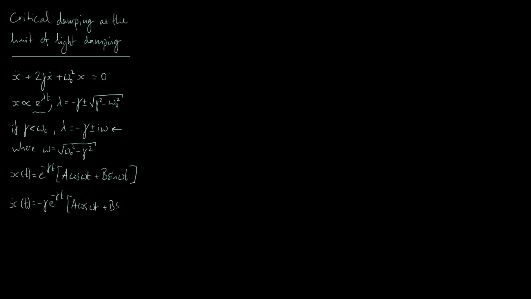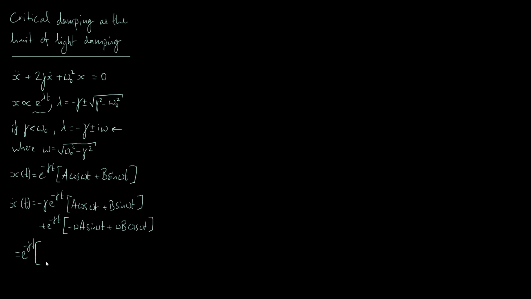So minus gamma times (a cos omega t plus b sine omega t), and then for the next term we add on e to the minus gamma t and differentiate the stuff inside the brackets this time. So we get minus omega a sine omega t, and then plus omega b cos omega t. Then we can collect all of these terms together and write that as e to the minus gamma t multiplied by, so let's collect all the cos terms first.